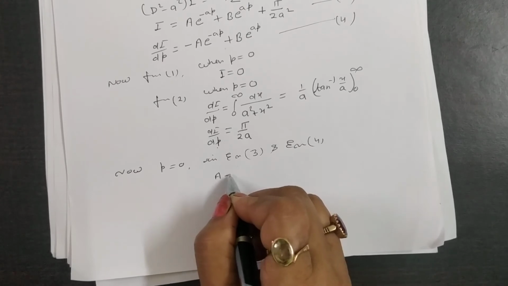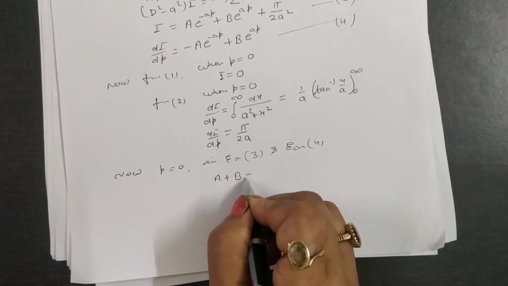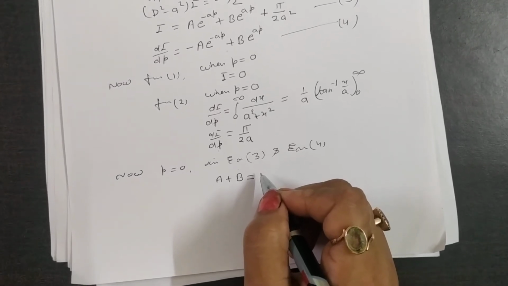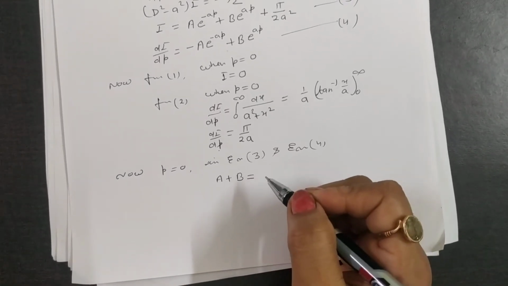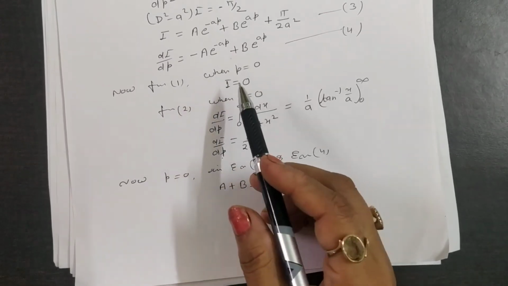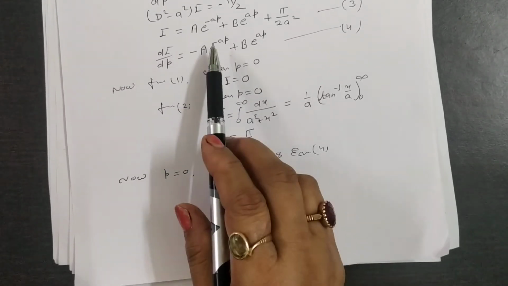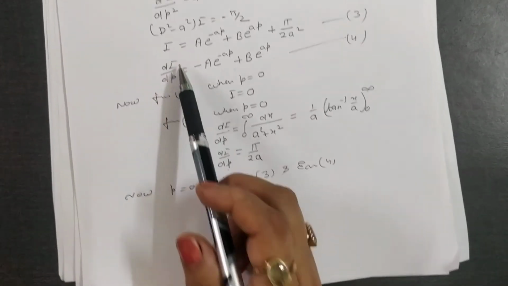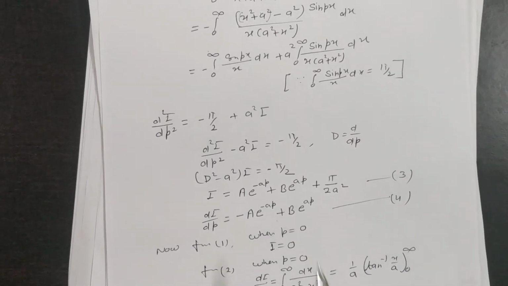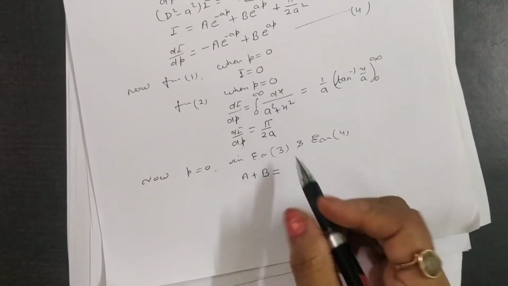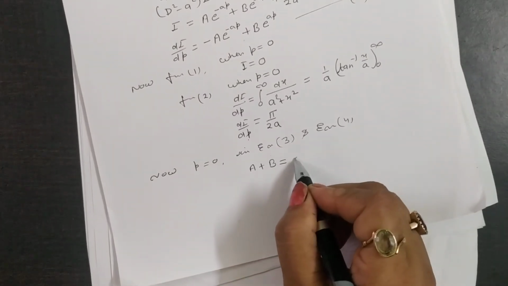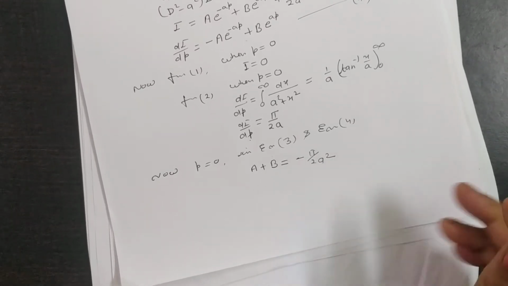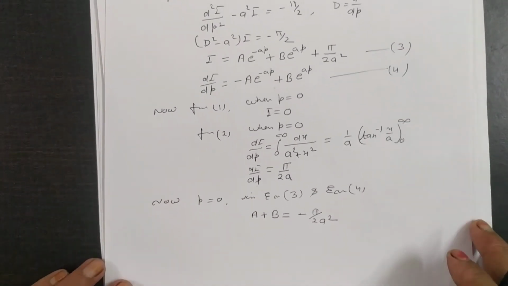From equation 3, a plus b is equal to minus pi by 2a square, because I is equal to 0. Clear?